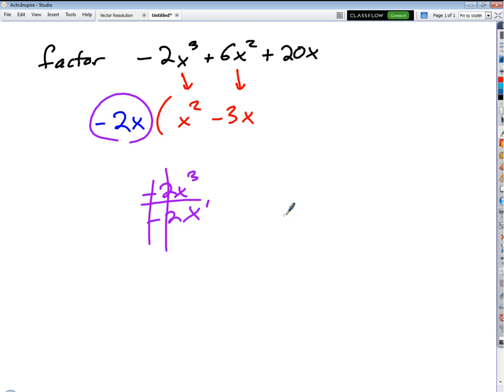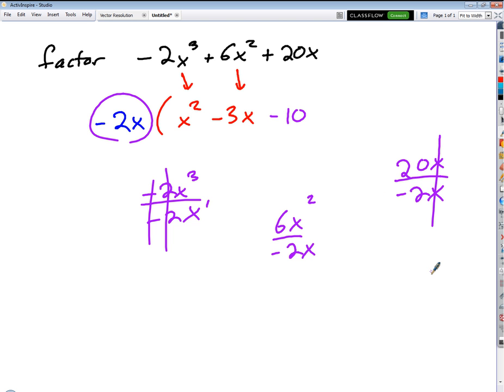So if we take a positive 6x squared and we divide it by -2x, 6 divided by -2 is -3. X squared divided by x is x, right? And then the last one, 20x divided by -2x. 20 divided by -2 is -10.